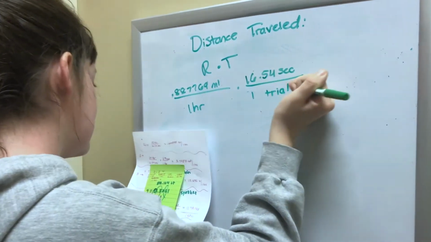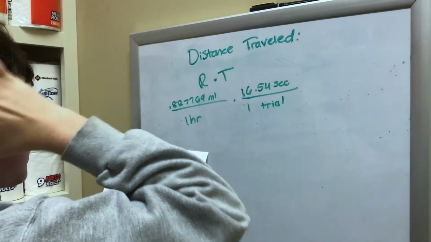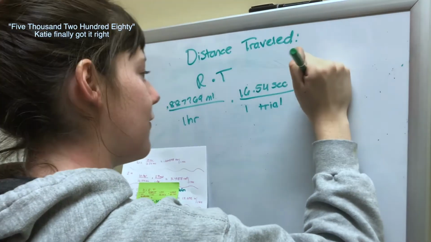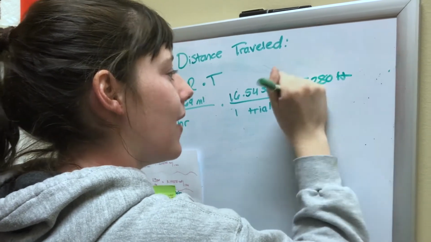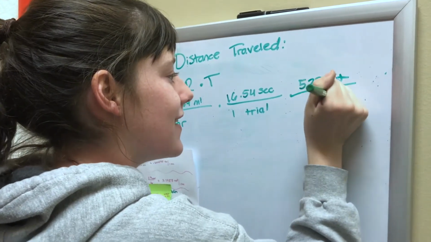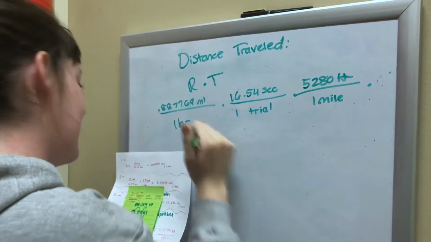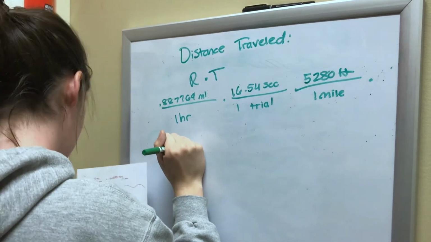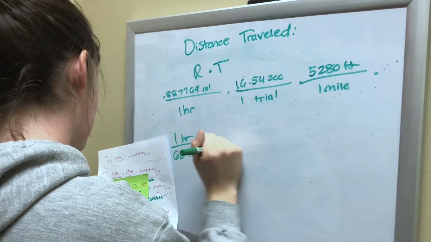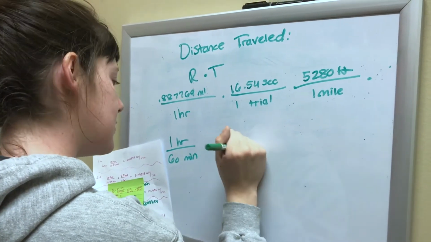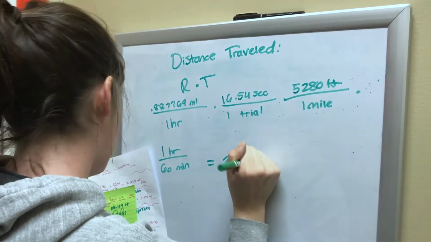In order to get this into feet, you multiply it by 5,280 feet in 1 mile times 1 hour over 60 minutes, which equals 291.104 feet.